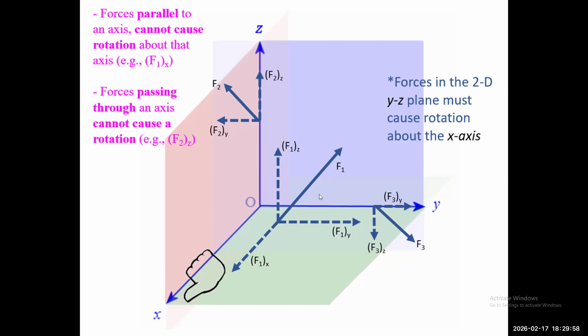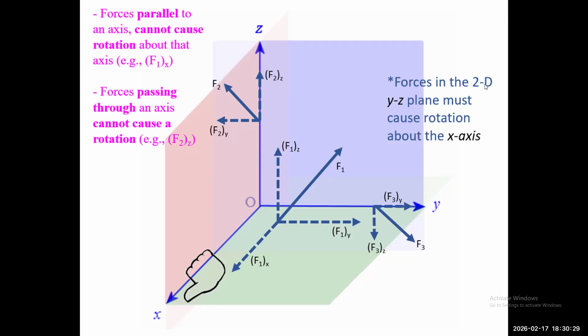Where is it? F2Z. See it here? It's passing through the axis. So both this one and this one cannot cause rotation. F1Z is this, and F2Z is this one. It's passing through the axis and it cannot cause rotation.